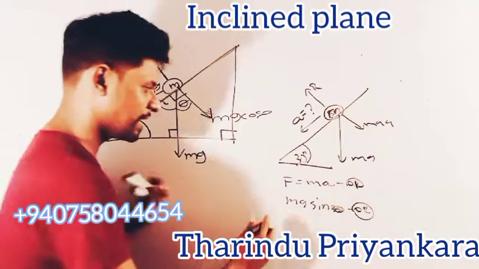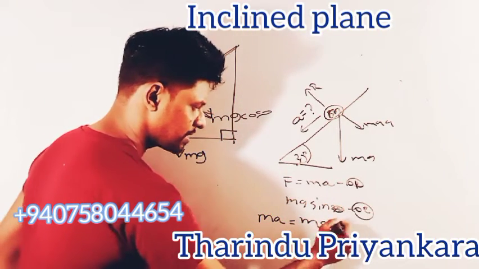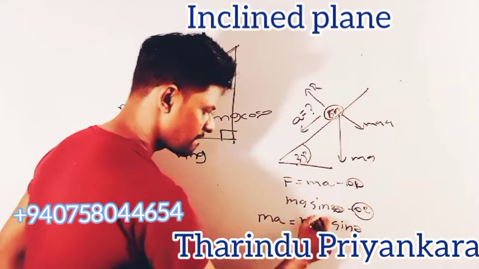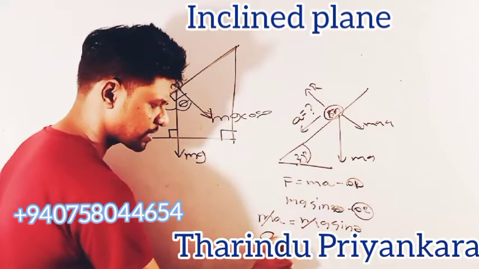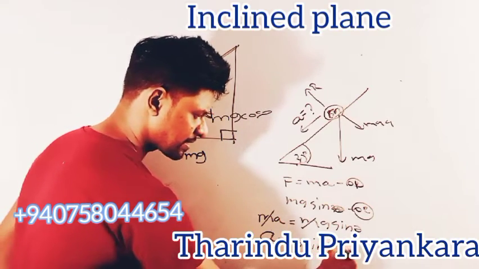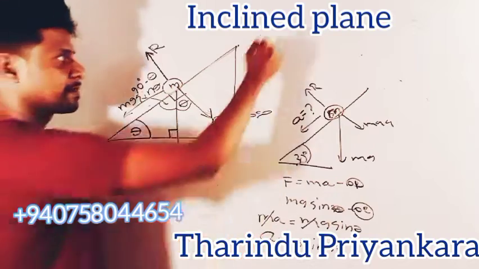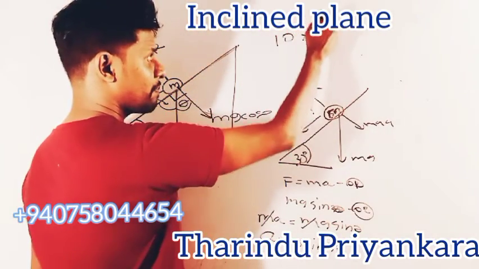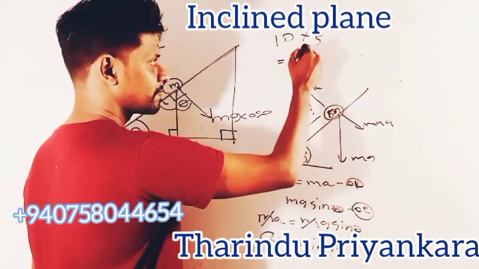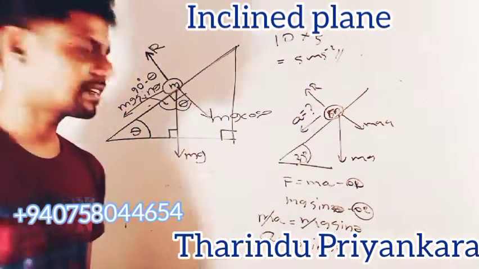You are just going to link them together. ma equals mg sine theta. So a is going to be g sine 30. Sine 30 is half, and you know that g is just 10. 10 by half, it is just 5 m/s squared. You don't need the mass of it.